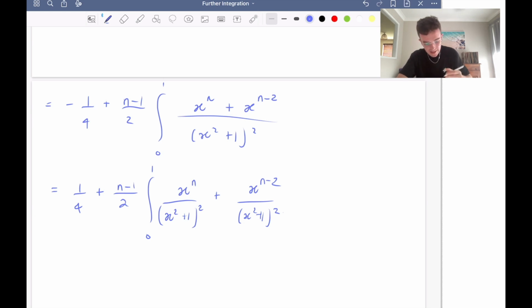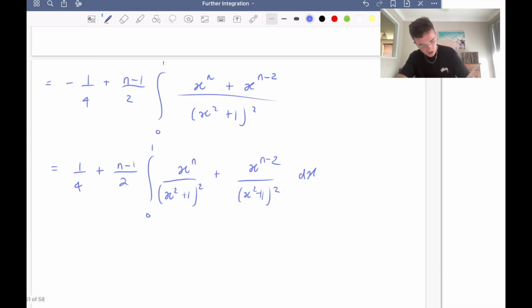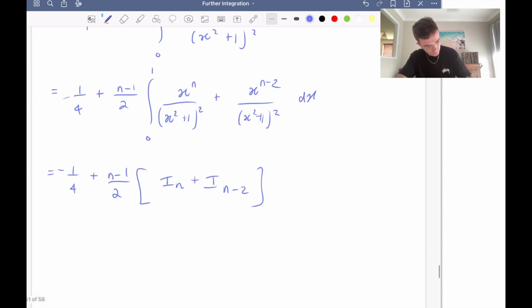Now the reason I've done that is because these are two lots of I_n with different powers of n. So this is equal to minus 1/4 plus n minus 1 on 2 outside of I_n plus I_(n minus 2).